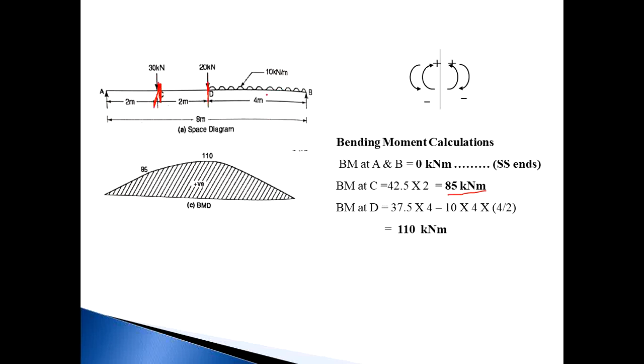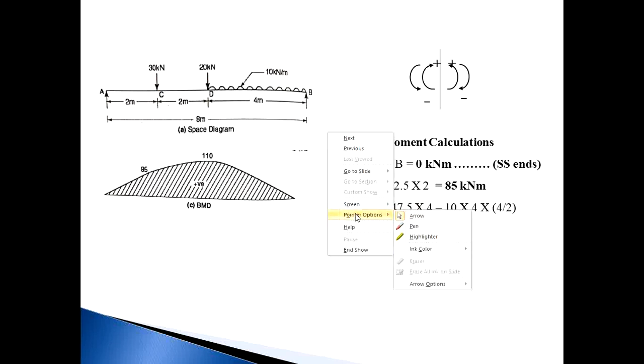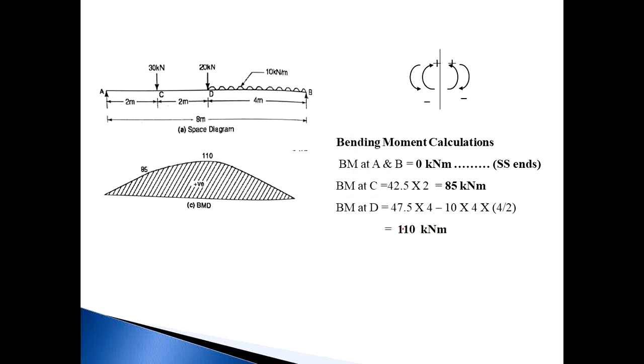And the UDL is clockwise. So a clockwise moment is considered minus. So the RB value is 47.5. So 47.5 into 4.